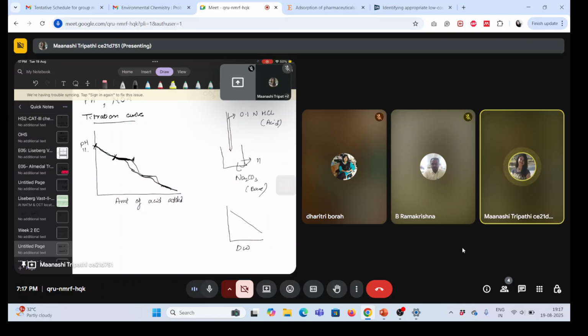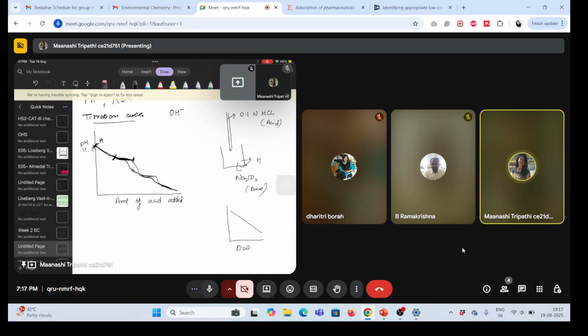There will be various points over it. Let's say this was point A, and we added some OH ion, meaning caustic alkalinity, to bring down the pH till here. So this is the equivalence point. After that we are changing the system.